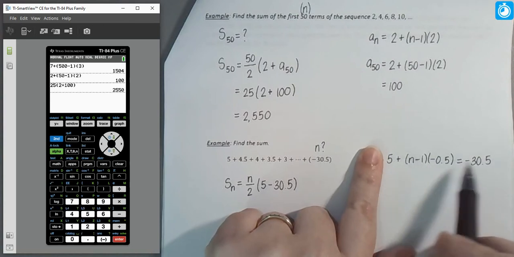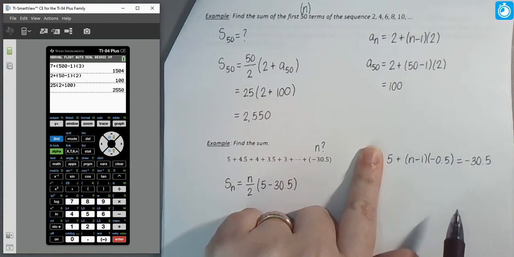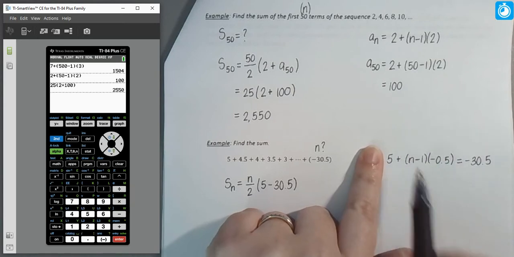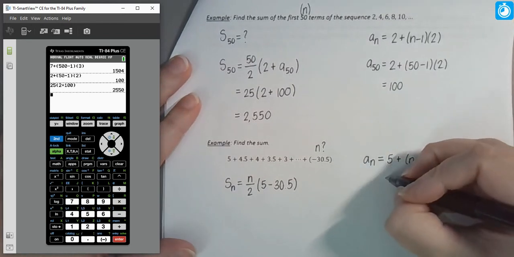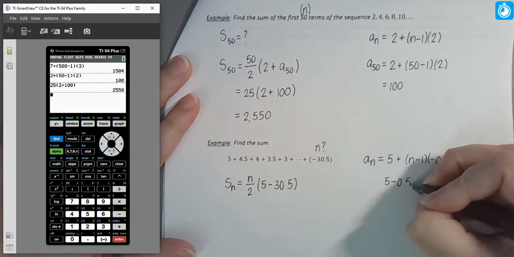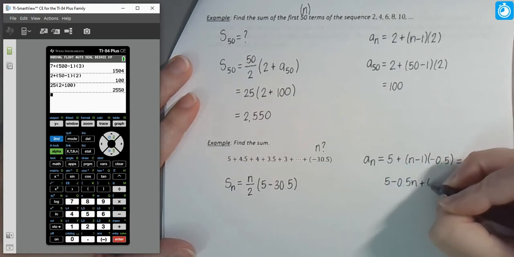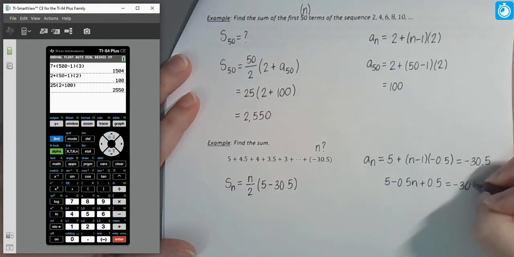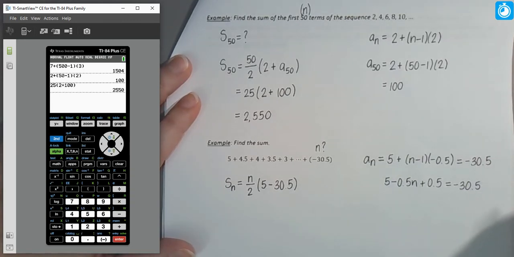So we're just solving for n such that all of this is equal to negative 30.5. So let's go ahead and distribute, clean things up, because the goal is to isolate our n. So we have 5 minus 0.5n plus 0.5, and all of that is equal to negative 30.5.